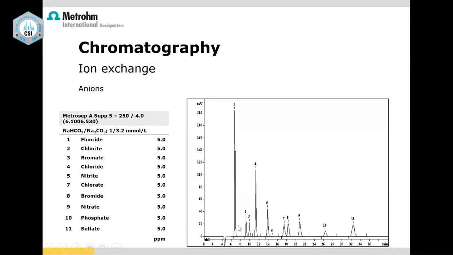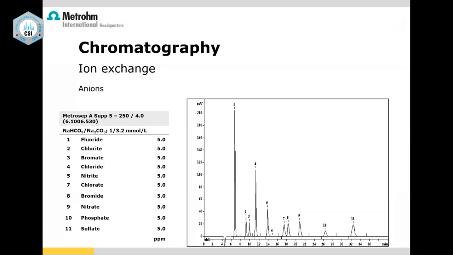Here you can see 11 ions in 30 or 35 minutes, but this is again an example. You can almost do 20 ions in 35 minutes. It is possible. Here again, as I said, the consumption of chemicals is very, very low.